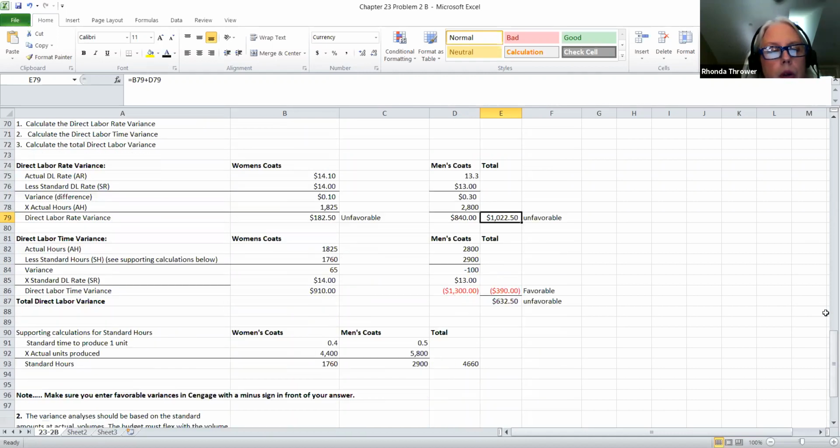The next one that we're going to work on is our direct labor time variance. And we have to keep up with the direct labor time variance for both the women's coats and the men's coats.